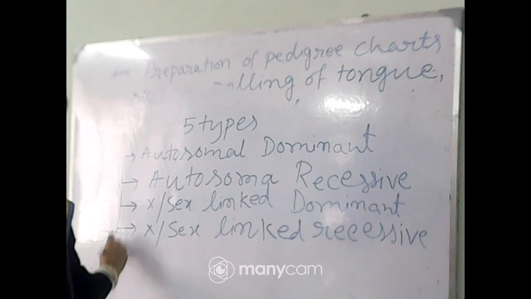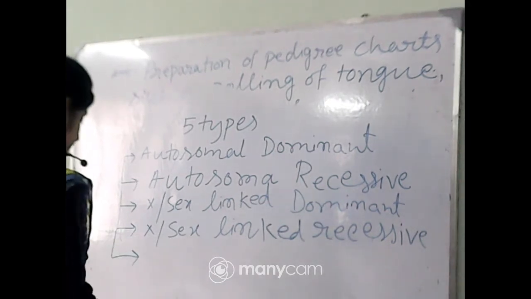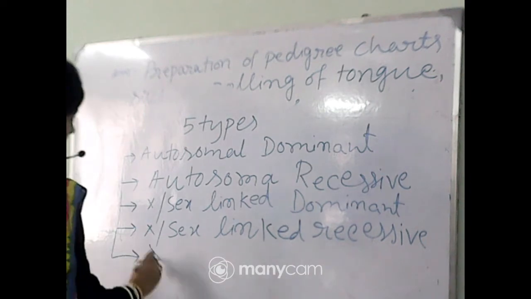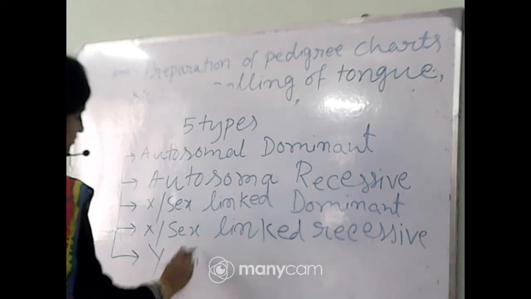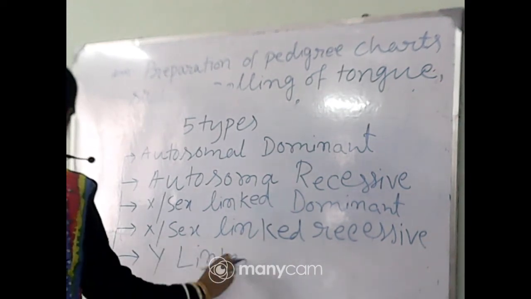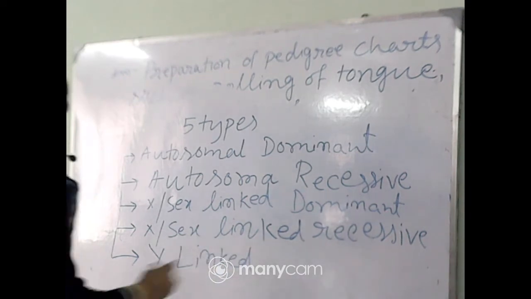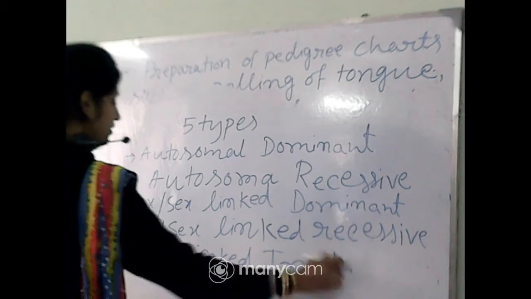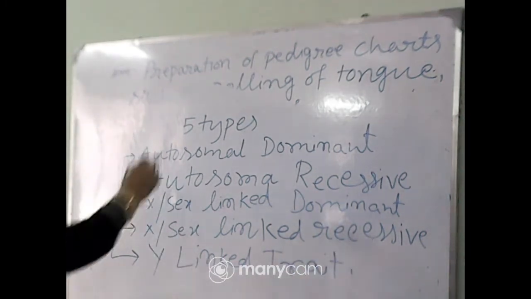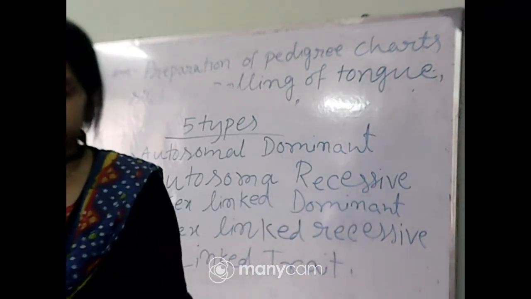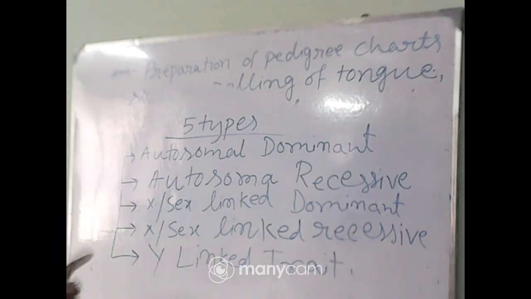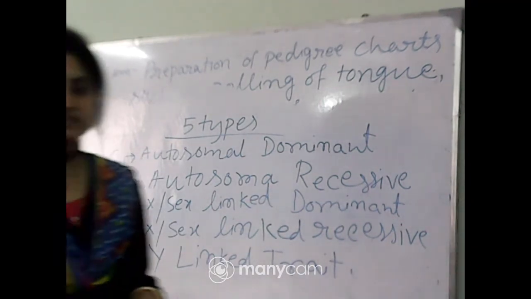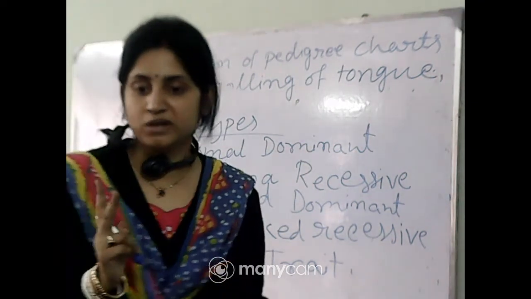And another one, that is Y-linked, because you know that males only have one Y. That is a Y-linked trait, not recessive, not dominant. Okay, these five types of genetic disorder you can find in any part of the human body, but we have to know about only two types, one is the rolling of tongue and the second one is color blindness.